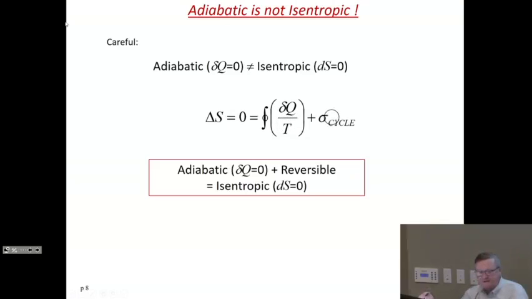But there is always this entropy produced during the cycle. So to be isentropic, you have to have a system that is adiabatic and fully reversible so that this becomes zero. You have to have two conditions, adiabaticity and reversibility, to have isentropicity.